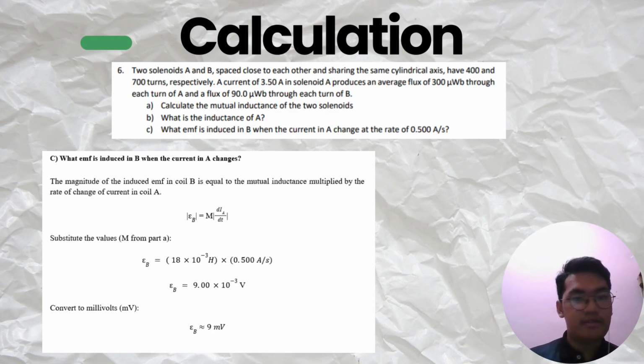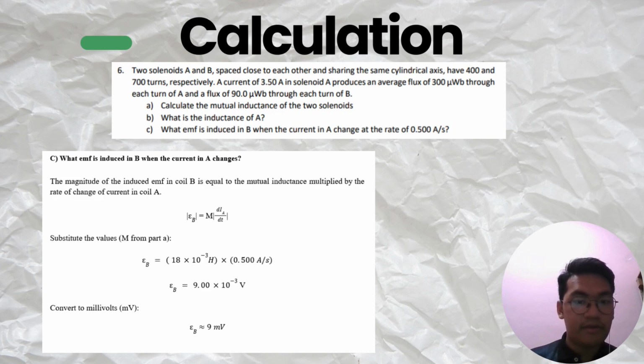For the last question, question C, it requires us to find the EMF induced in B when the current in A changes at the rate of 0.500 ampere per second.